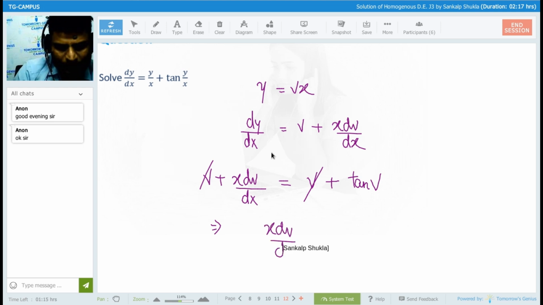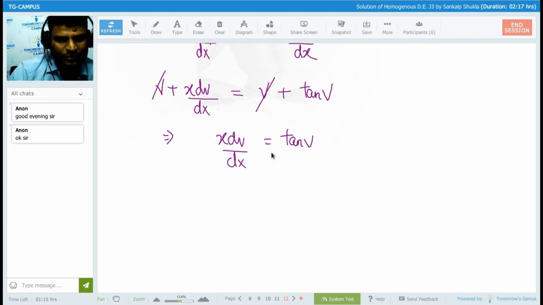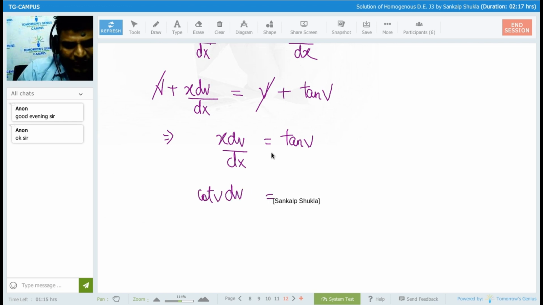X dv by dx can be written as tan v. So cot v dv can be written as dx by x. Got it? So now you can integrate on both sides. What is the integration of cot v?